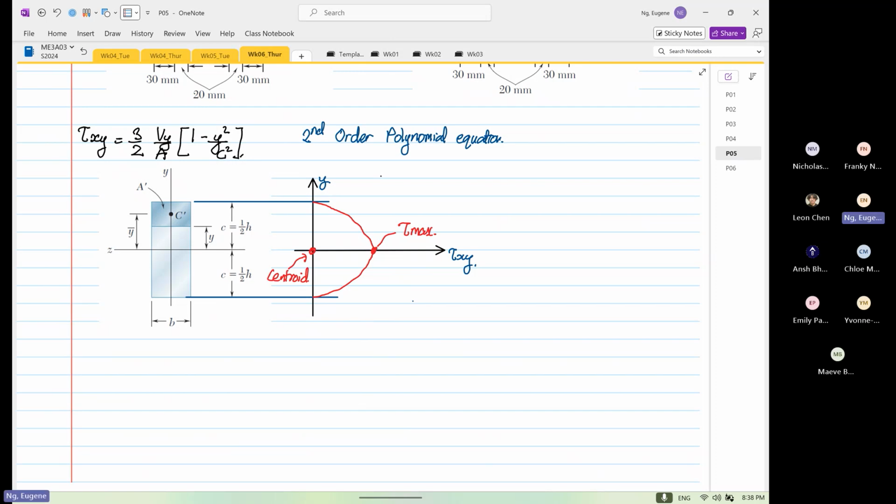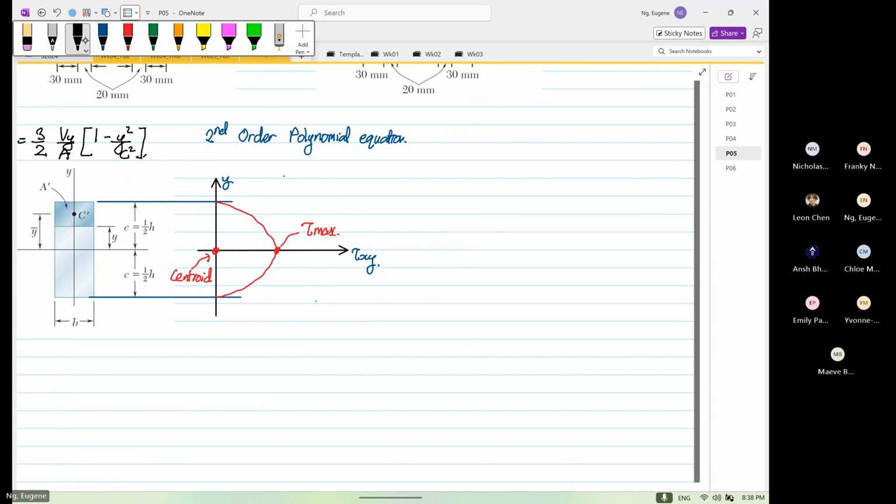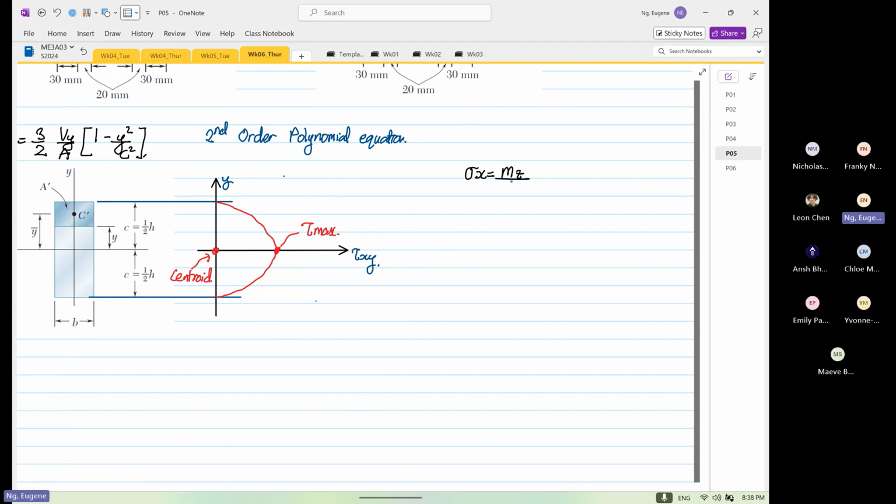So it's different from bending moment, the normal stress. At the centroid, for centric bending, the normal stress is equal to 0. So if we look at the bending moment function, we have stress X is equal to Mz, for example, over Izz multiplied by y.